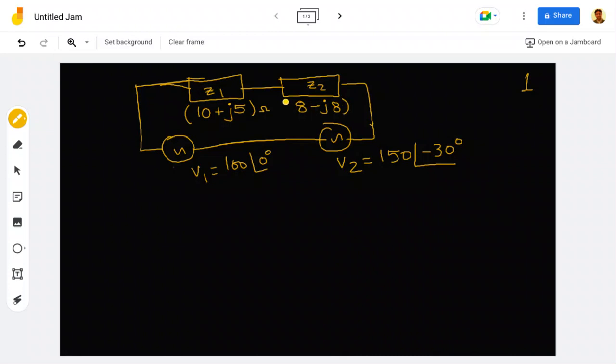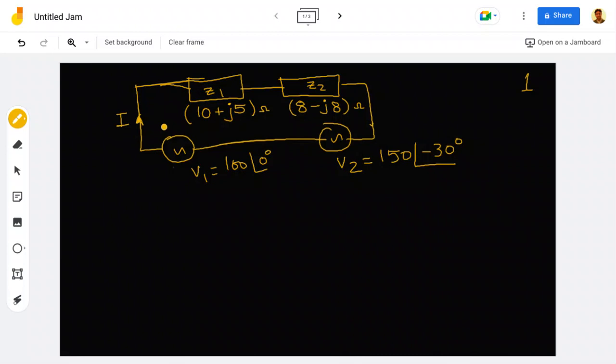Okay. Let's make the total current as I itself. So I have V1, V2, but there is no I1, I2 because it's a series circuit. So there is only one current here.